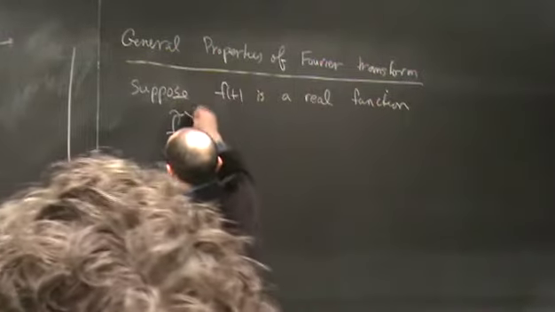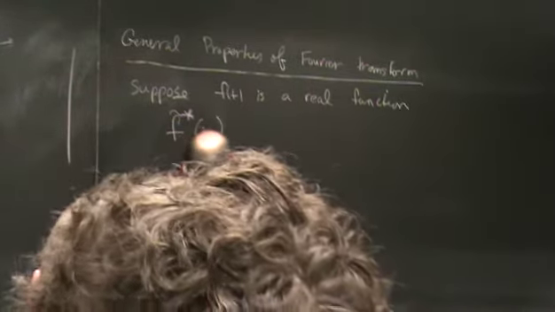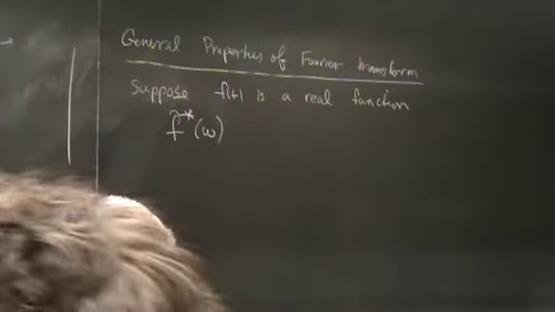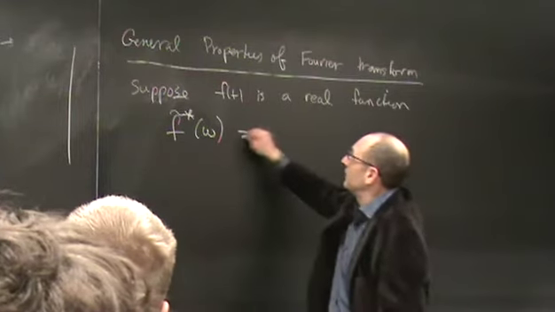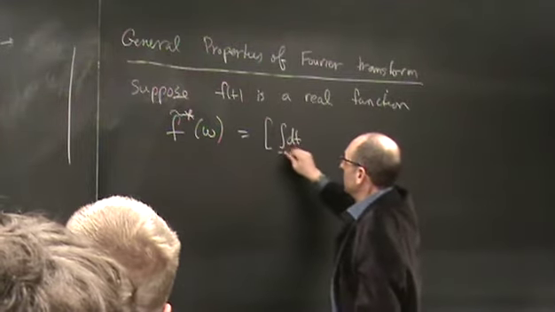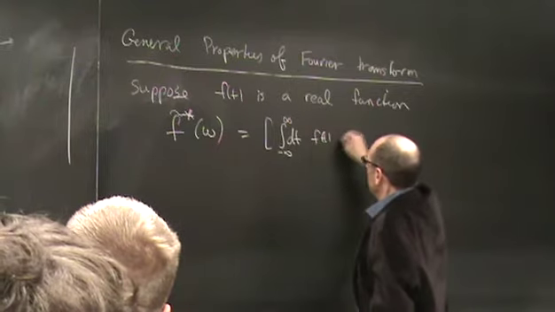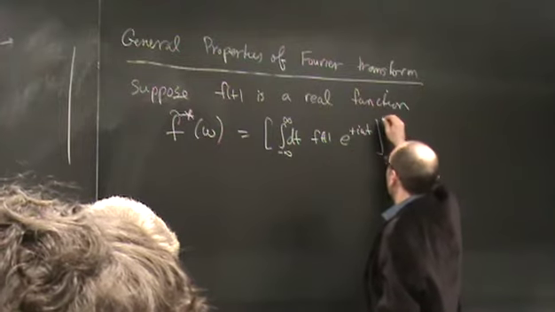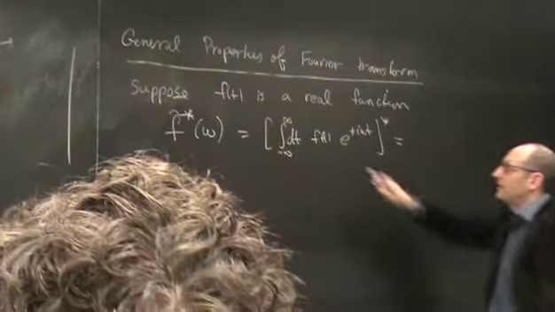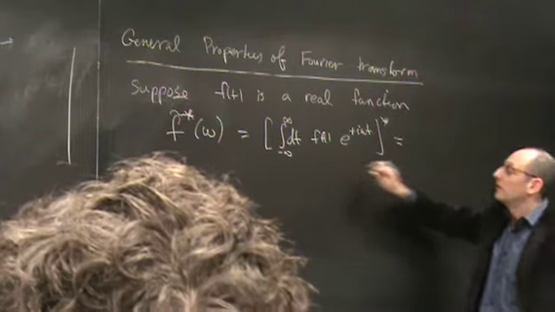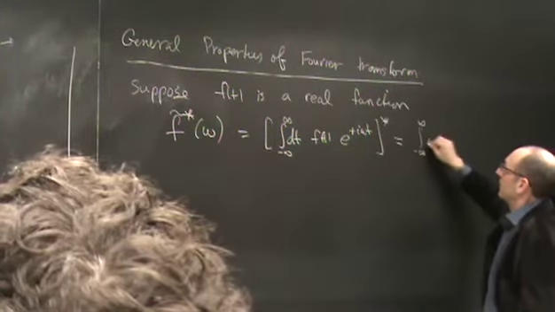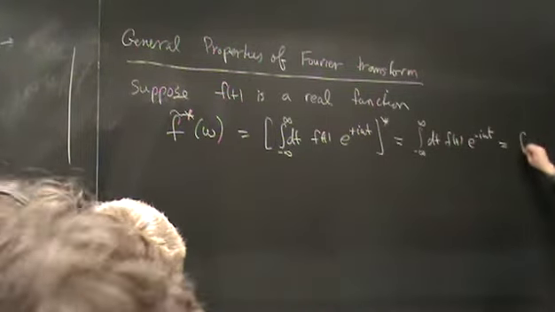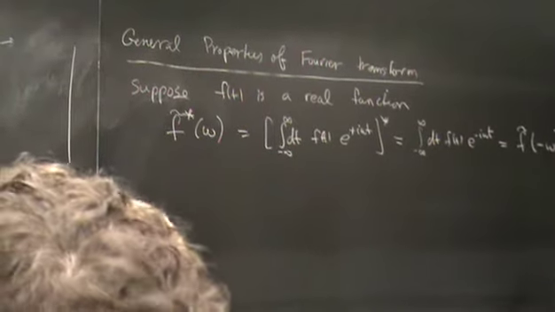Then what can we say about the complex conjugate of the Fourier transform? Well, that's a complex conjugate of that. And since this is real, then that doesn't change f, in this case is that, which is the Fourier transform at minus omega.